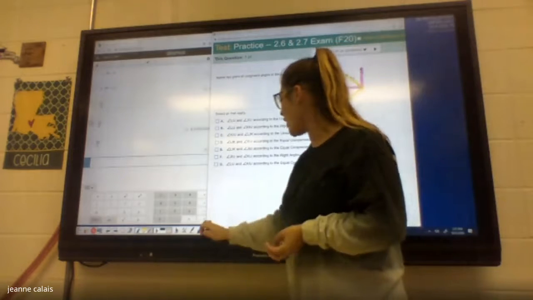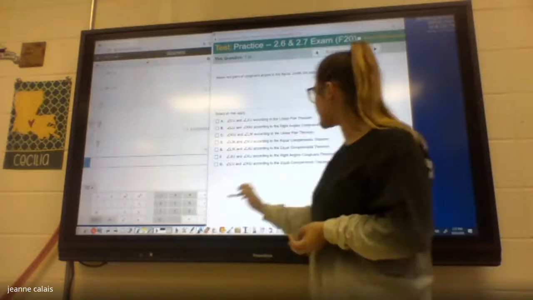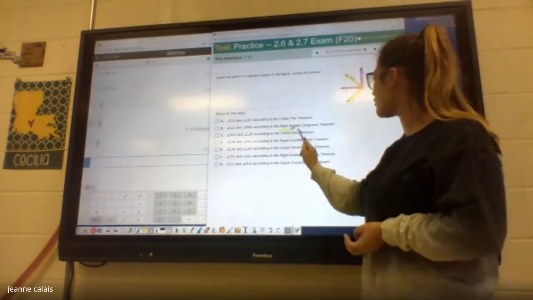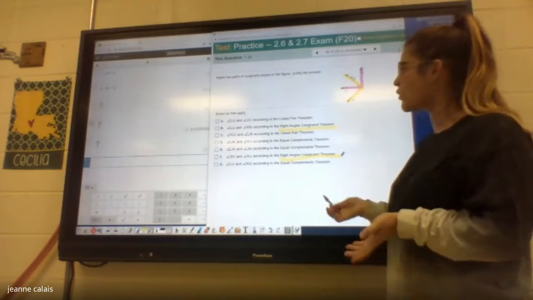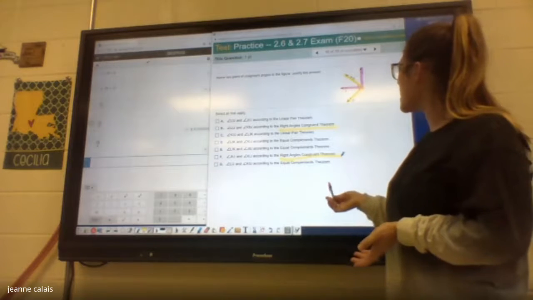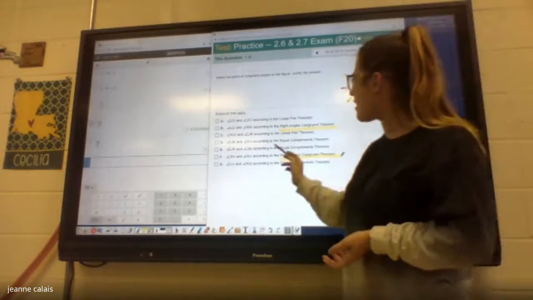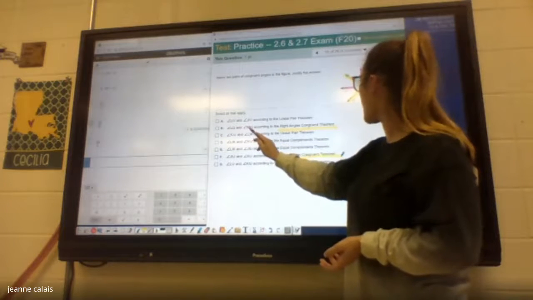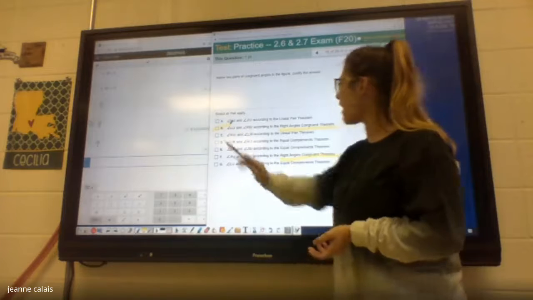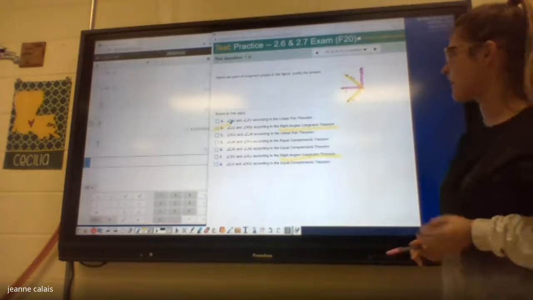So I'm looking at the choices that have right angle congruence. Now which one is named correctly? JIL, LIJ, and KIU. So it would be option B.